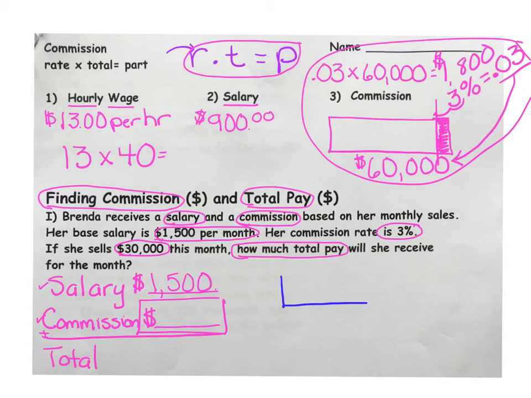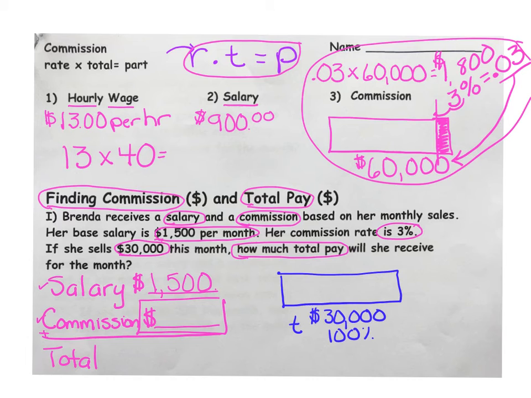Draw a tape diagram to represent all the sales that Brenda made for this particular month. She sold a total of $30,000. That's 100% of her sales. That's our total.